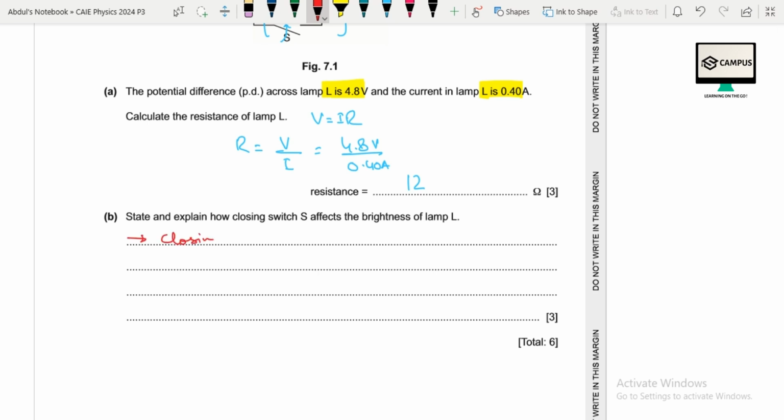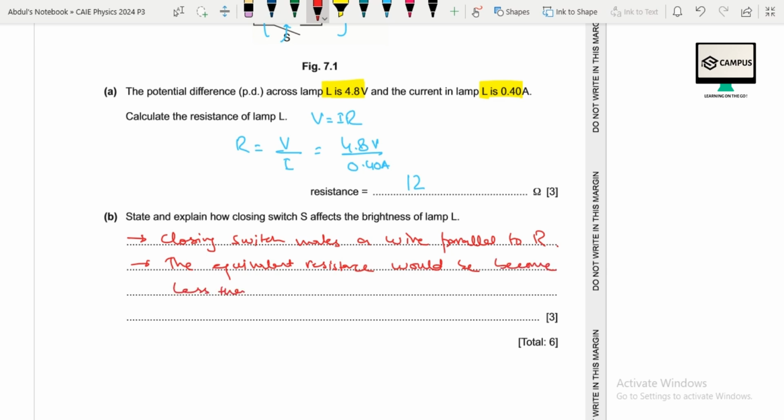Now closing switch makes a wire parallel to resistor R, and the equivalent resistance would become less than the resistance of wire.